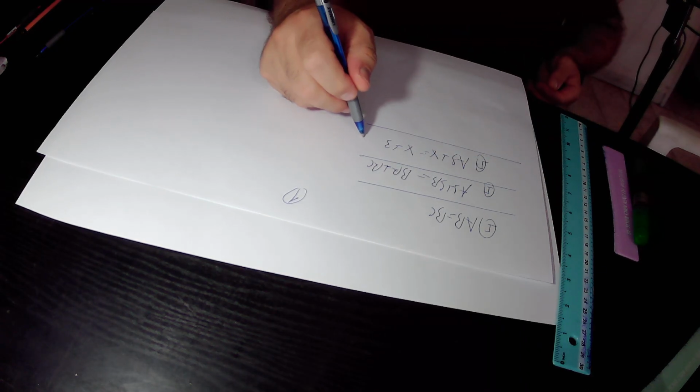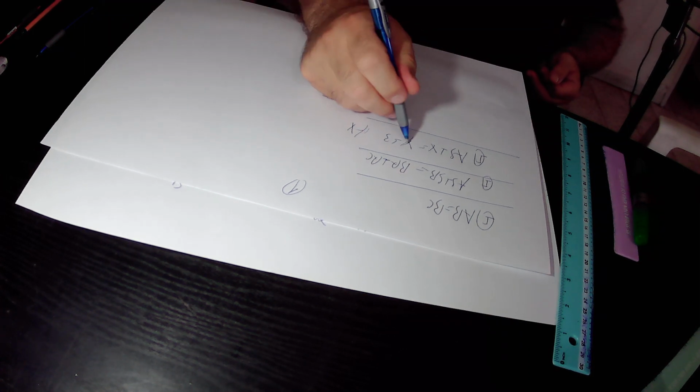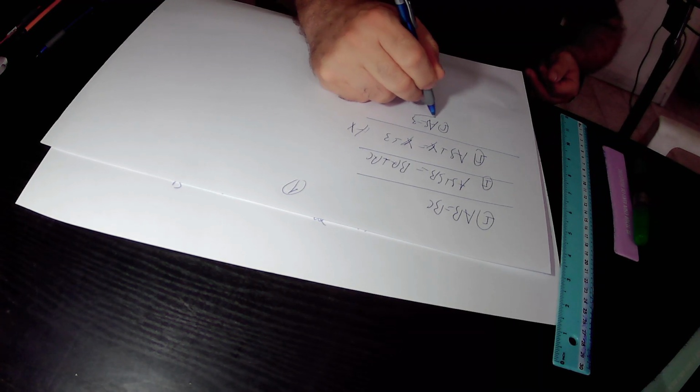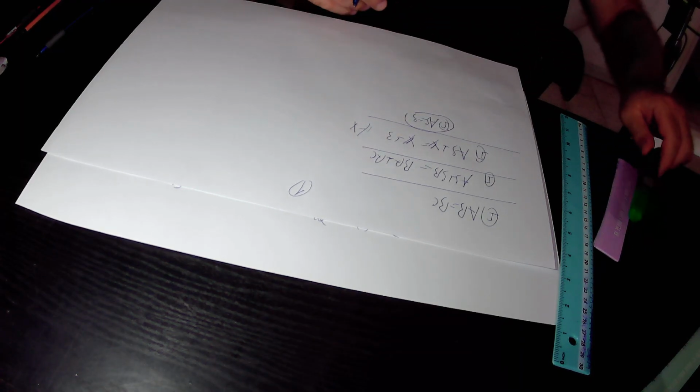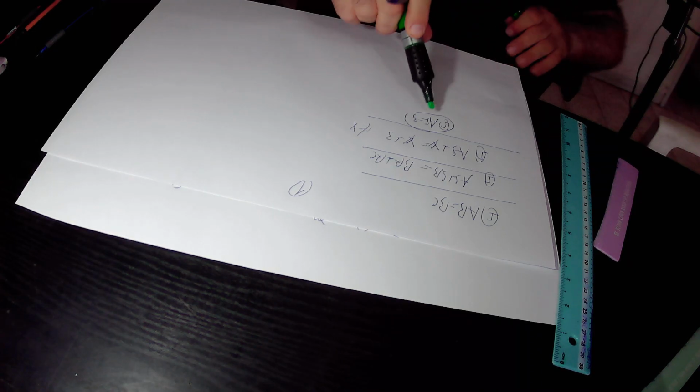Here we subtract X from equation 1, so X gets cancelled, and we are left with AS equals 3 units in length. AS equals 3 units.